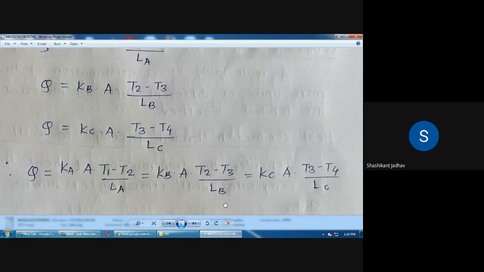ही सगळी इक्वेशन इक्वेट करा, equate all the equations.